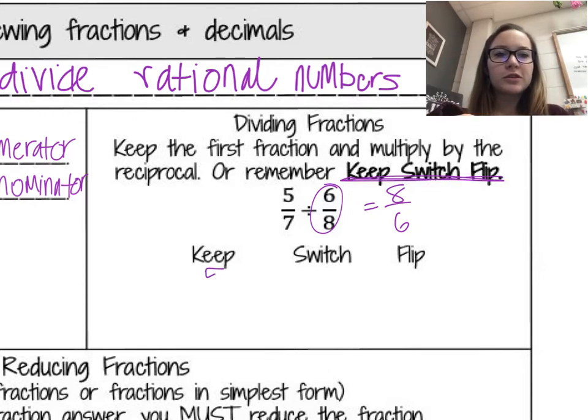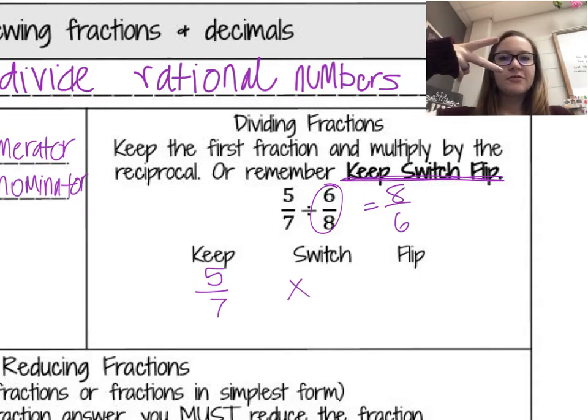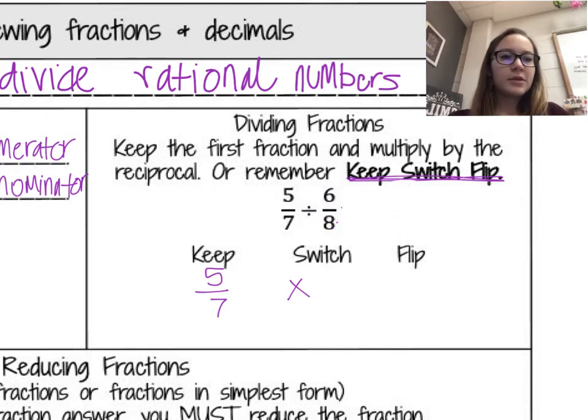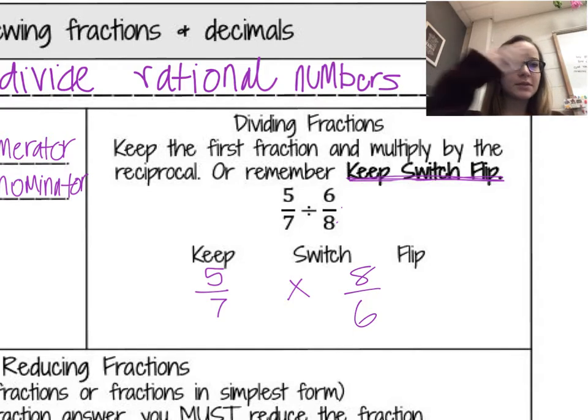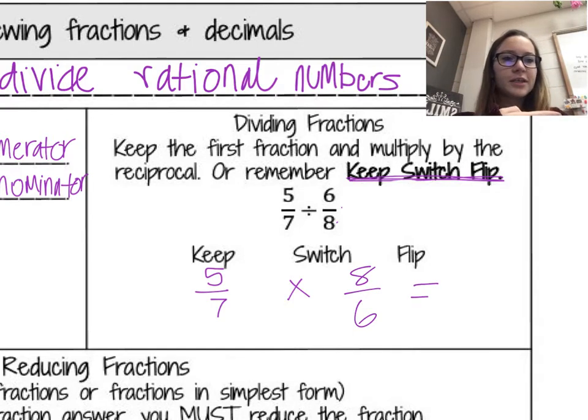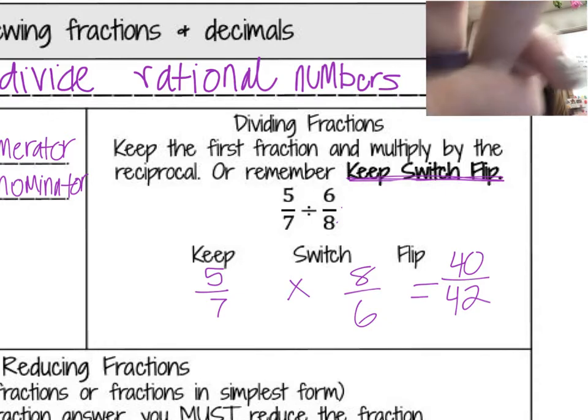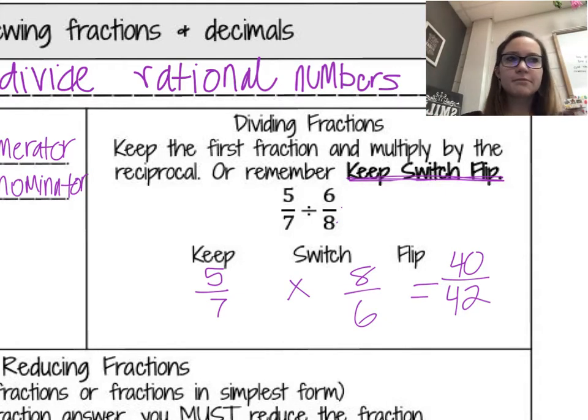So keep the first one the same, switch division to multiplication, then flip that second fraction, 6 over 8, to be 8 over 6. And then you can just multiply top times top. So 5 times 8 is 40, over 7 times 6 is 42. That's it. So keep the first one, switch to multiplication, flip the second fraction.